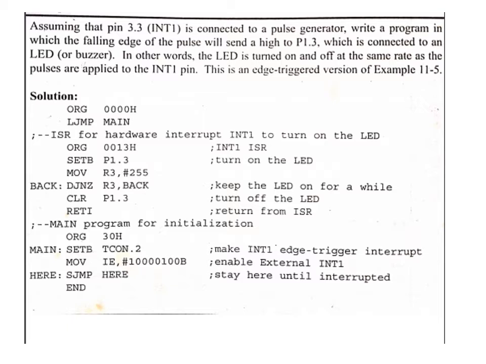So continuously the DJNZ instruction will be executed until R3 becomes 0. When R3 becomes 0, the LED is turned off by sending a logic 0 signal through port 1 pin 3. So go through the previous program as well as this program. The only difference is here one additional instruction, SETB TCON.2, is used to make the INT1 pin edge triggered. Okay, that's the only difference you find.